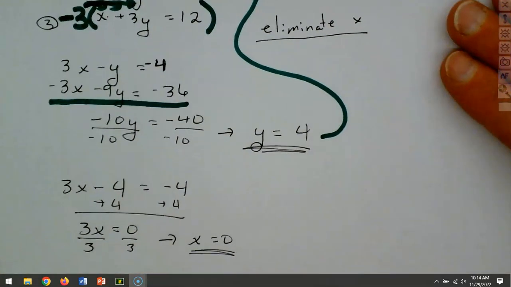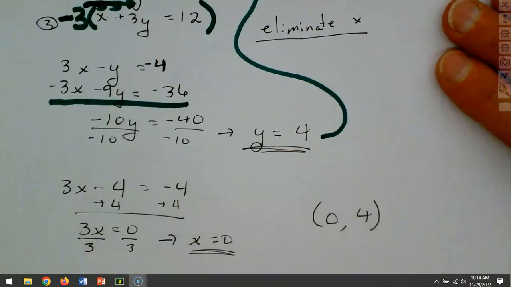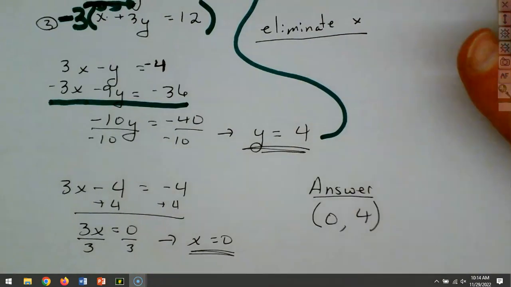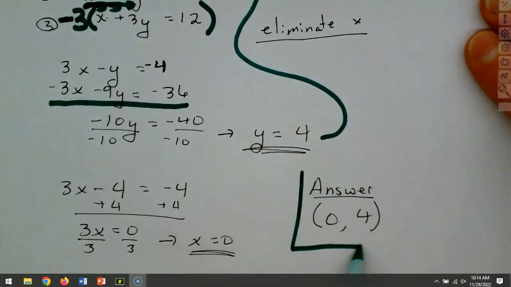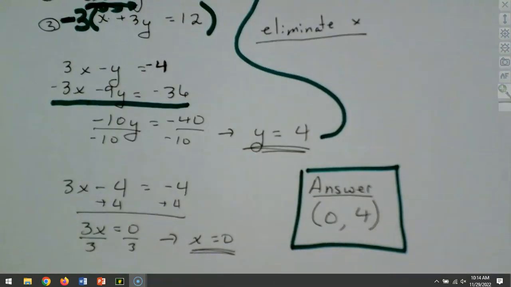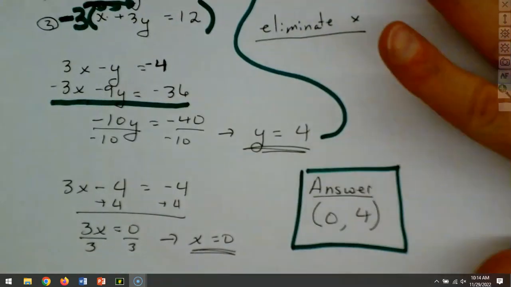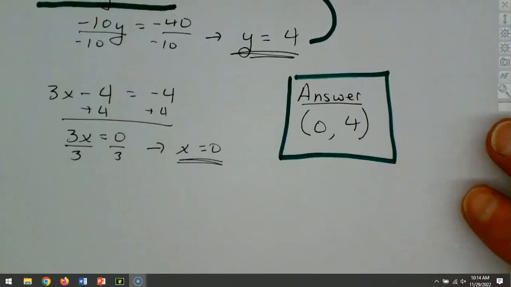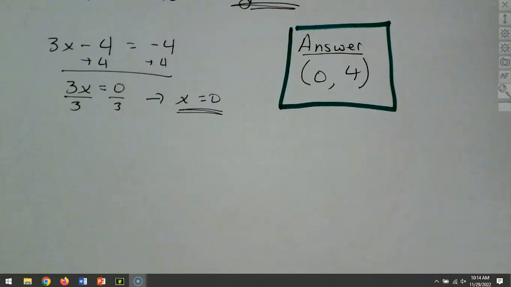So what's my final answer? 0, 4. And that's it. Usually we use elimination. You don't use a lot of substitution unless it's solved for a variable already.